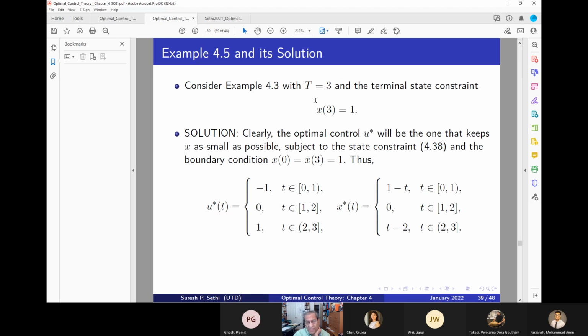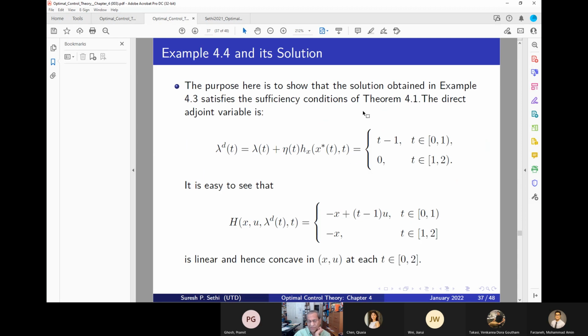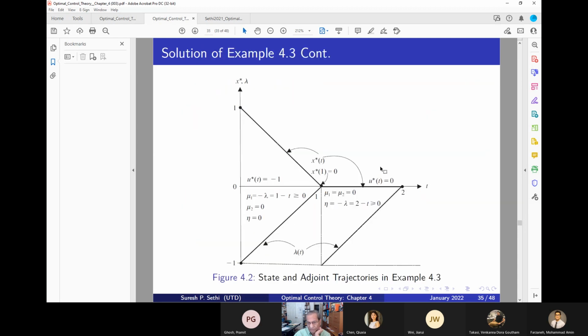Example 4.3: I go to t equal to 3, and I also put another condition on x3 equal to 1. Now the solution is obvious. If I go all the way to 3 here, it's so obvious that I don't even put a picture here.